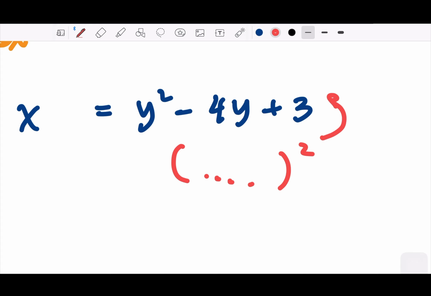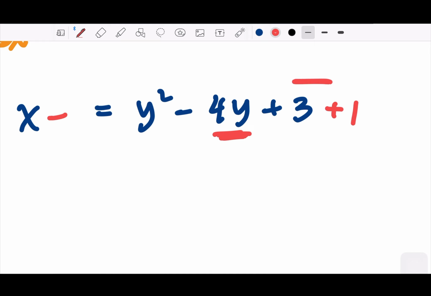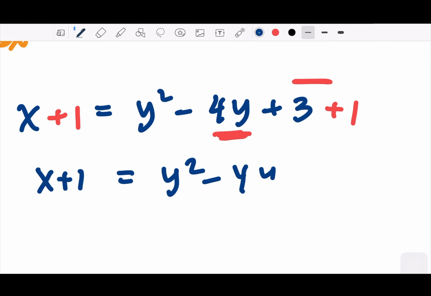See here it's negative 4, we divide by 2, we square, so it should be 4. So I need to add 1 here, and I need to add 1 there as well. So this becomes 4.